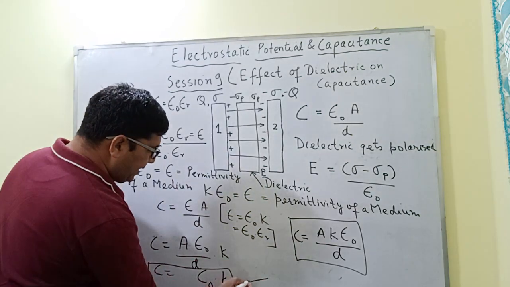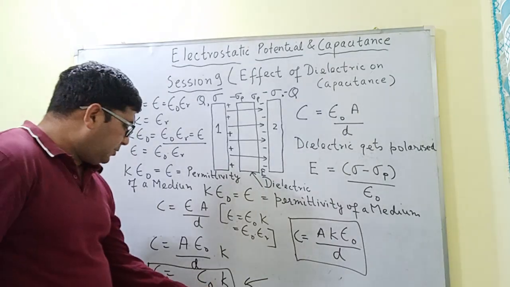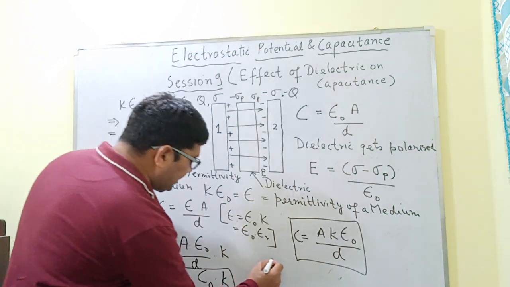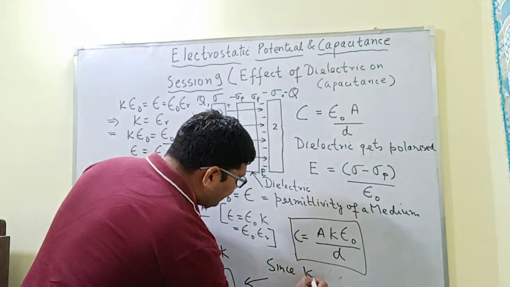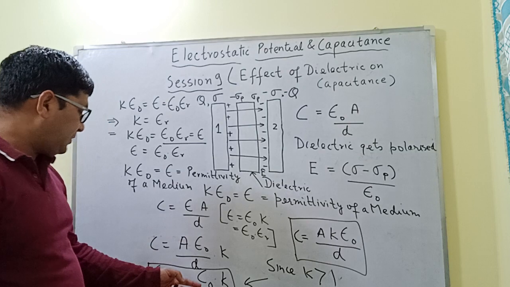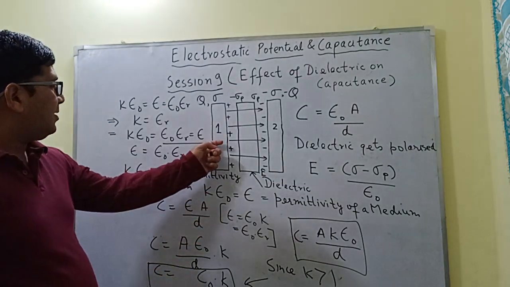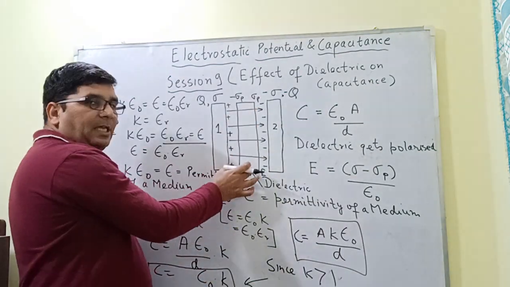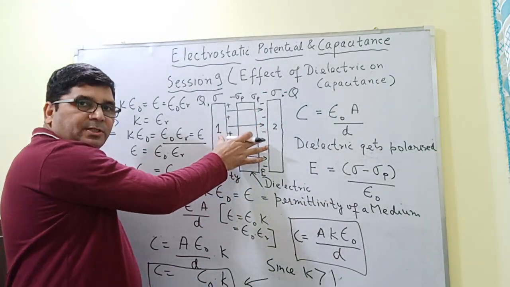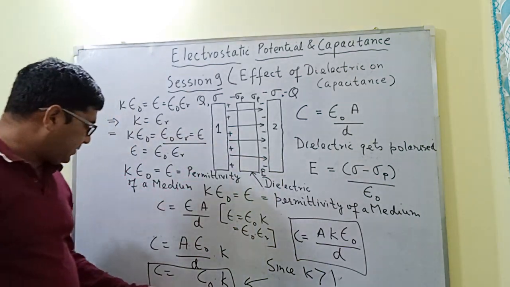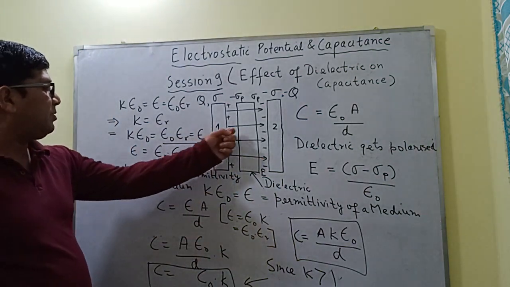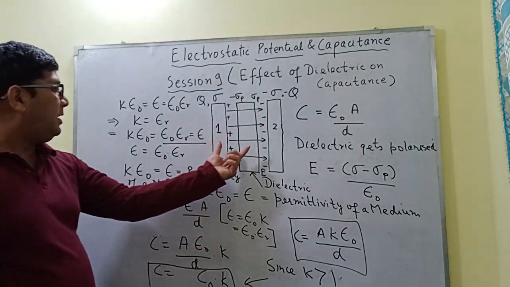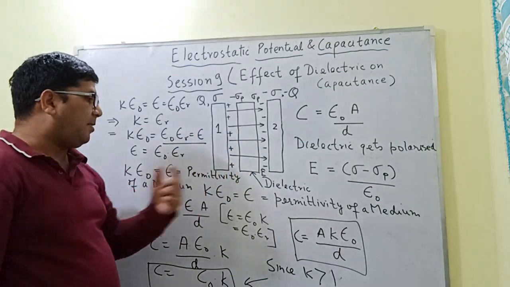And so we can see here that since K is greater than 1, therefore we can say that the capacitance of a capacitor increases when a dielectric is inserted into the gap between the two conductors of a capacitor. यहाँ से आप देख सकते हैं कि यहाँ पे कैपेसिटर की जो कैपेसिटेंस है वो इंक्रीज हो जाती है if we insert a dielectric in the gap between the two conductors of a capacitor.